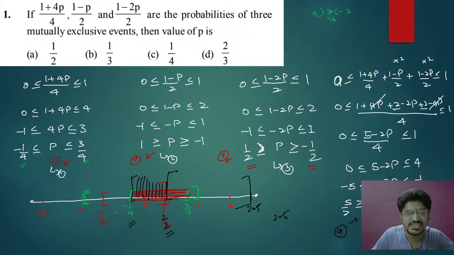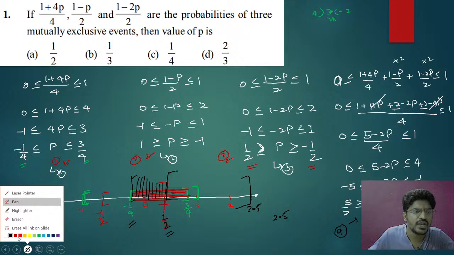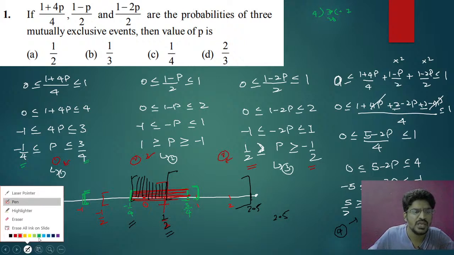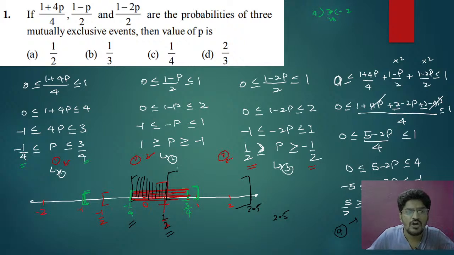So now you just see, very important one. All four intervals intersect at only one point, that is 1/2. At this point all the intervals will intersect.